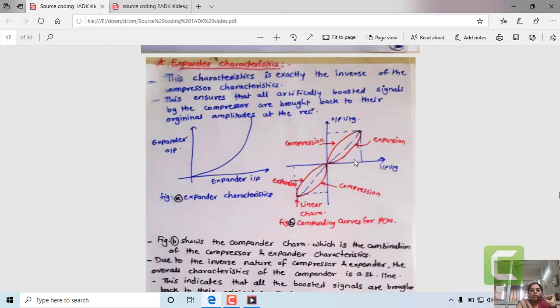Because if my compressor input is positive, definitely the expander input will also be positive. Similarly, if the compressor input is negative, the expander input will also be negative. So in this quadrant, both the values of expander and compressor will be negative, while in this quadrant, both the values of compressor and expander will be positive.